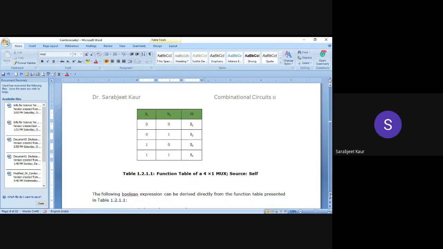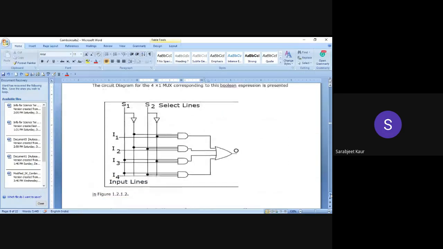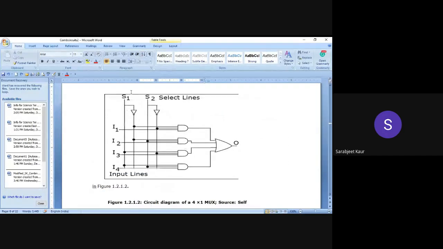You can see this in this circuit diagram as well. So it is the same thing that I'm putting in the circuit diagram also, na? Yes or no? Yes, ma'am. Got it now? Okay. Yes, ma'am.